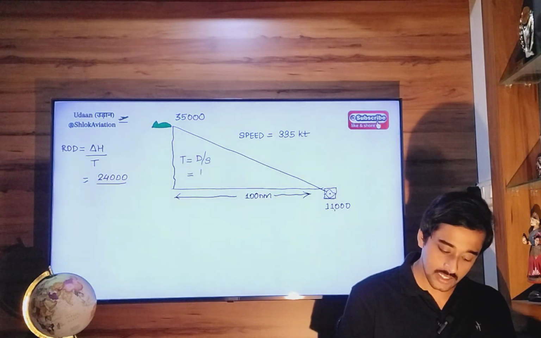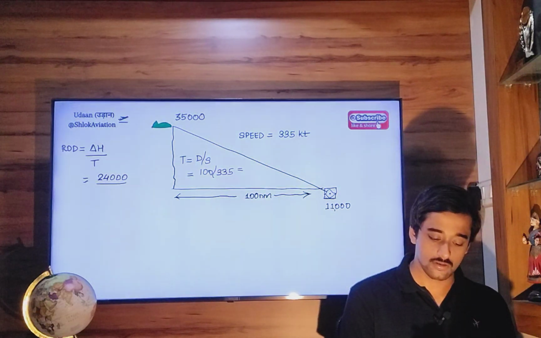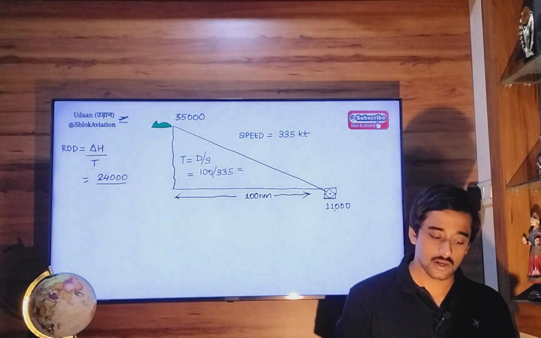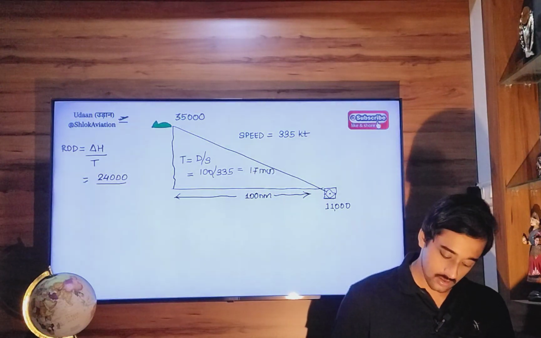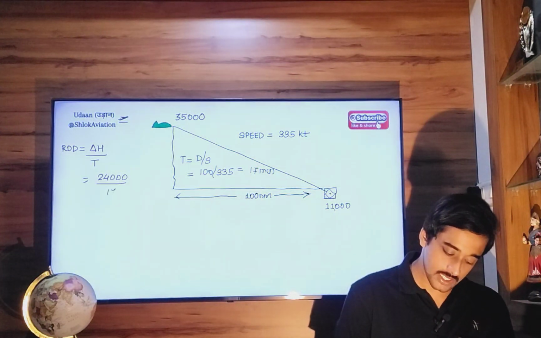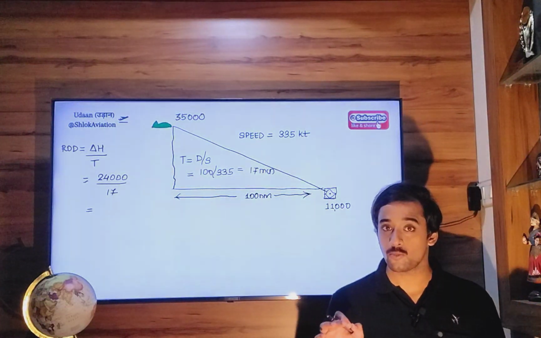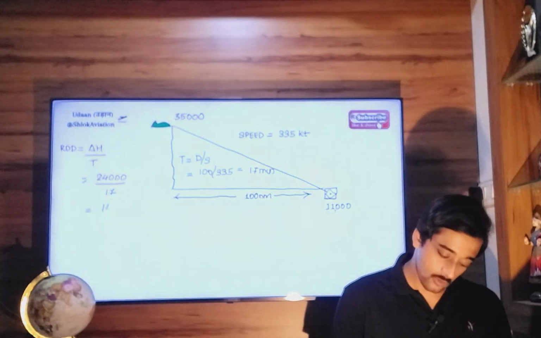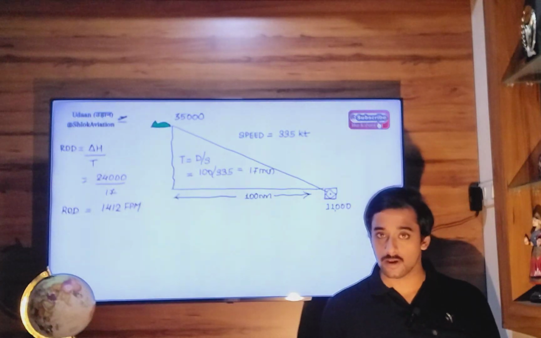So 100 miles divided by speed of 335 is equal to 17 minutes. So 24,000 divided by 17 is equal to 1411.7, 1412 feet per minute. So rate of descent is 1412 feet per minute.